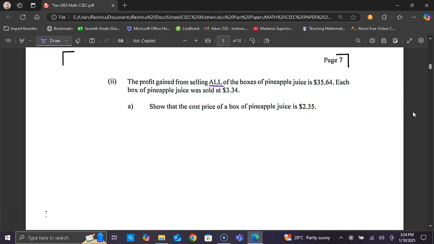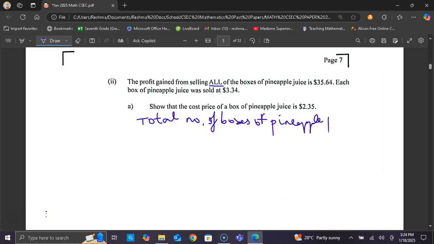So this is what I would have done. So the total number of boxes, excuse my handwriting, of pineapple juice sold, I'm gonna let it be 3 times n. 3, of course, because there are 3 boxes of pineapple juice in each case, and I'm gonna let n be the number of cases of juice sold altogether, of course, which we don't know, which is the missing information.